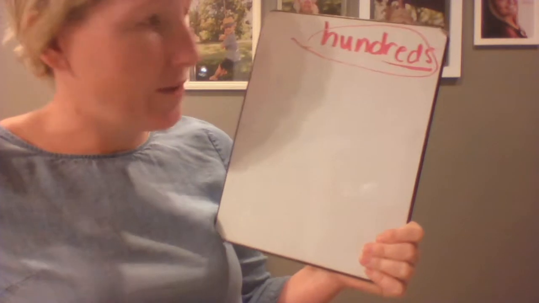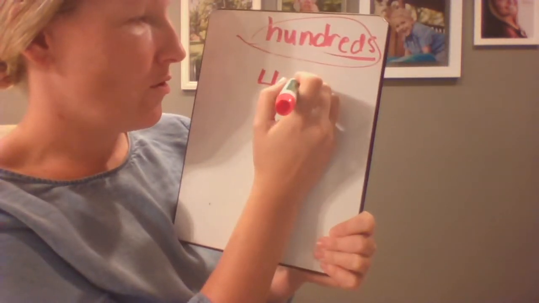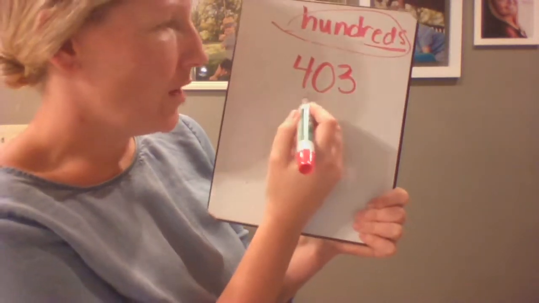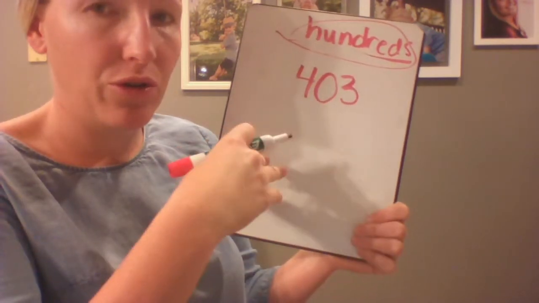Okay, now it's time for you to try your own rounding to the nearest hundred. So go ahead and work through these. Try to do these the number line way, like I just showed you.